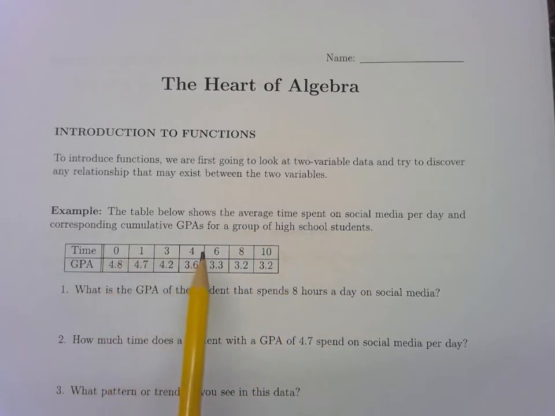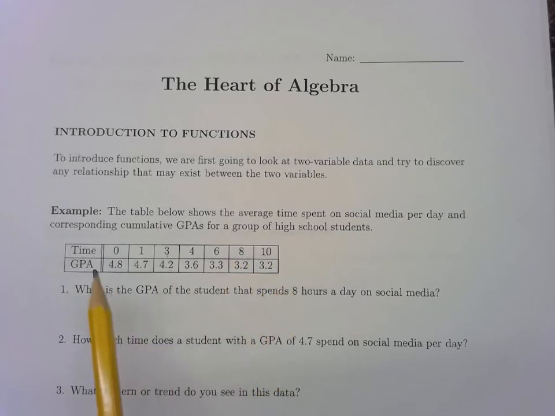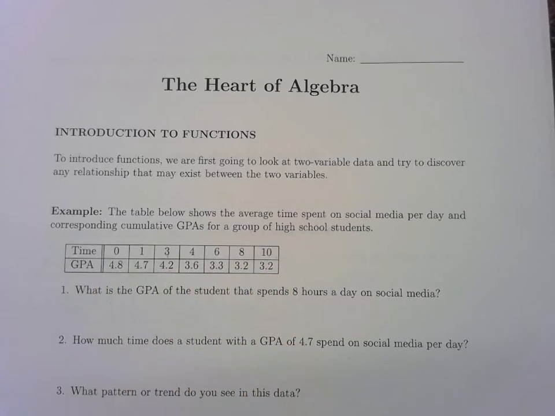I'm assuming this is in hours. It's not given to us, but that's probably what's happening there. And then we have corresponding GPAs. So for example, someone that spends 3 hours a day on social media has a 4.2 GPA. So it looks like they chose 1, 2, 3, 4, 5, 6, 7 students and got that information.